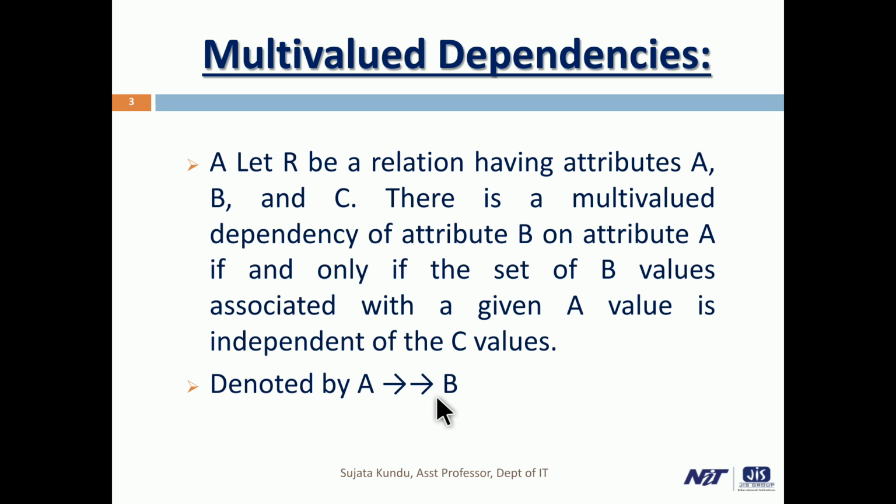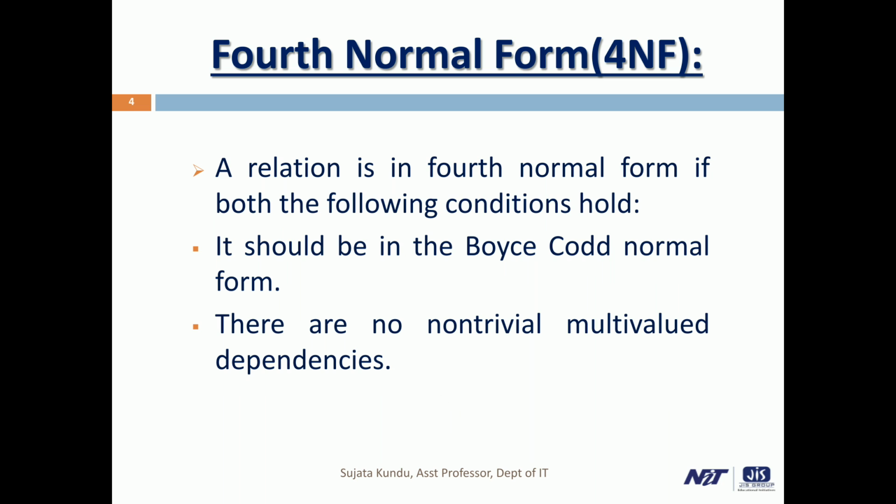Now we are ready to consider the fourth normal form. A relation is in fourth normal form, that means 4NF is a level of database normalization where there are no non-trivial multi-valued dependencies other than a candidate key.